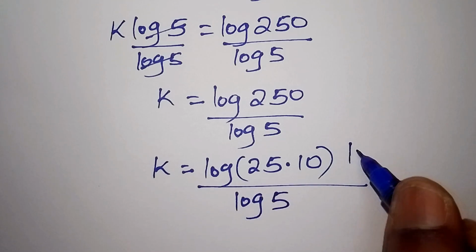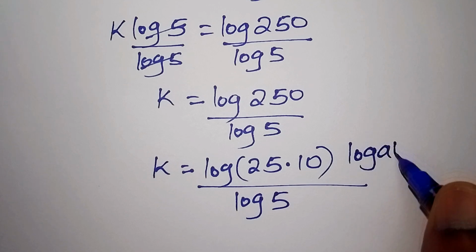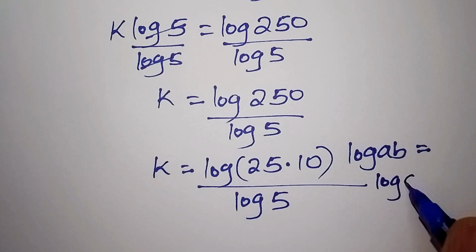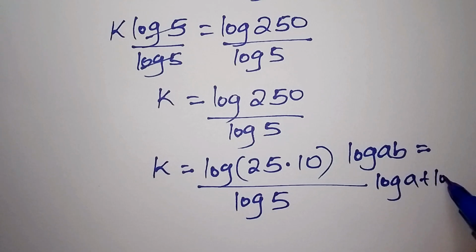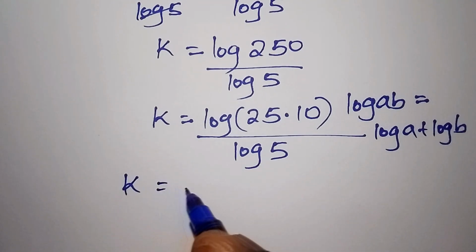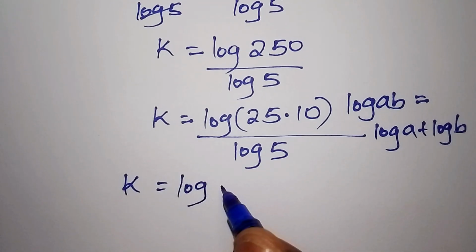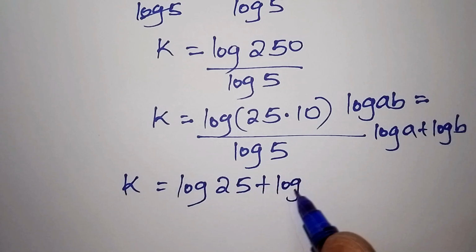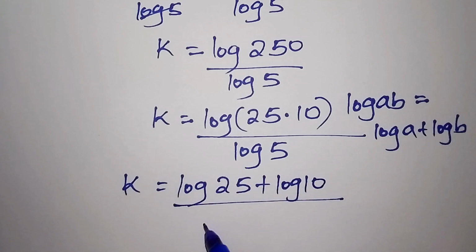Assuming that you have, for example, the log of a multiplied by b, this can be written as the log of a plus the log of b. Similarly, k is equal to the log of 25 plus the log of 10, all over the log of 5.